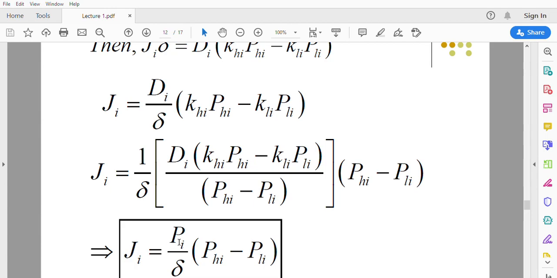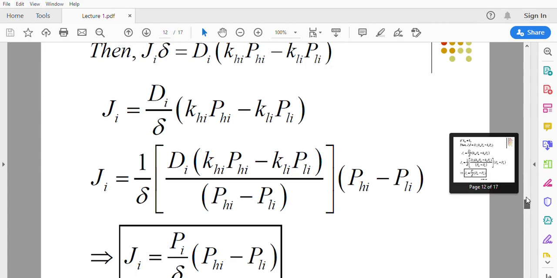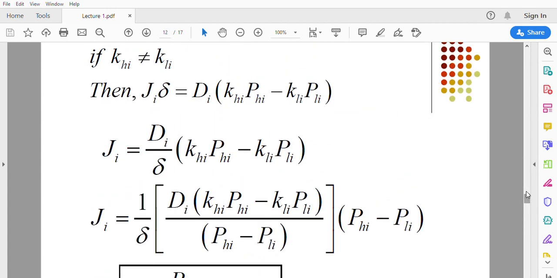So here Pi equal to this term in bracket. Gi equal to Pi by delta (PHI minus PLI), where Pi equal to this term. This is the condition where your Henry's constants are different at both sides of the membrane, KHI is not equal to KLI.